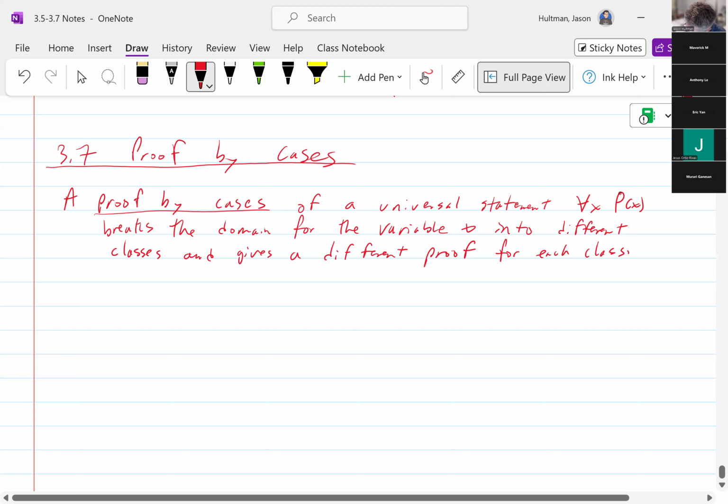The proof for each class is called a case.